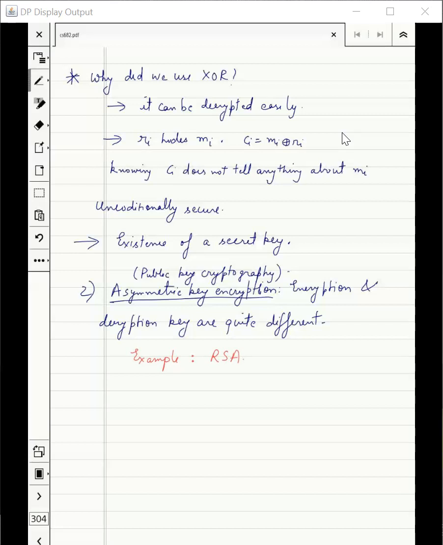But the problem, at least from a quantum computer scientist's point of view, is that these public key encryptions are not unconditionally secure. The other way to say it is that they are conditionally secure. They are secure based on assumptions. What are the assumptions?